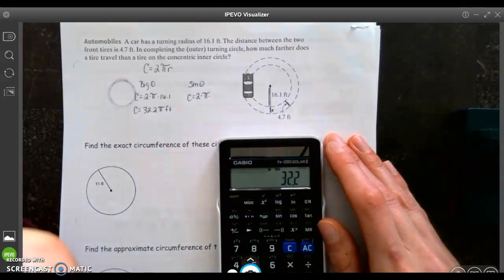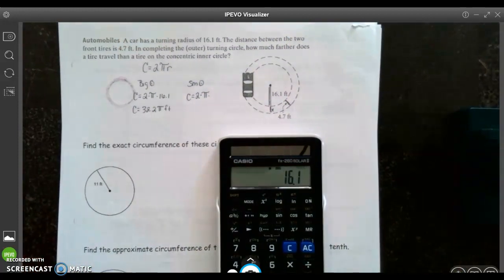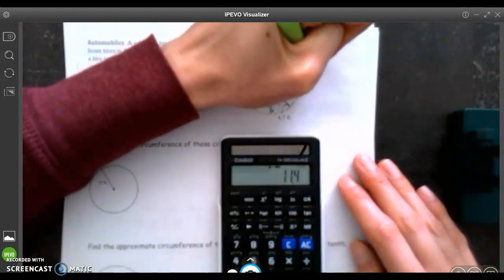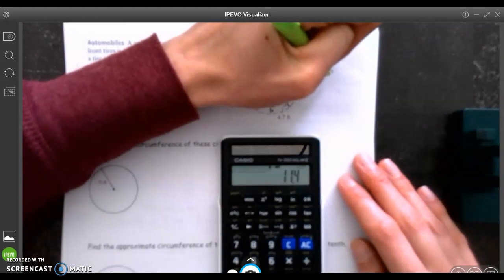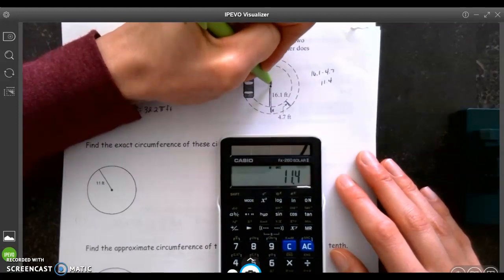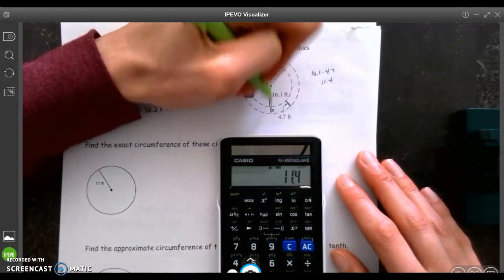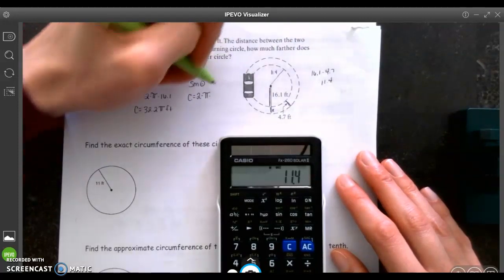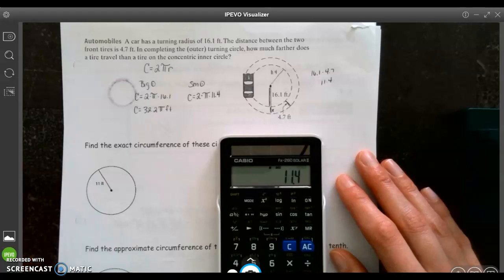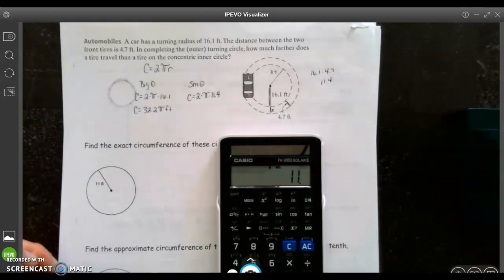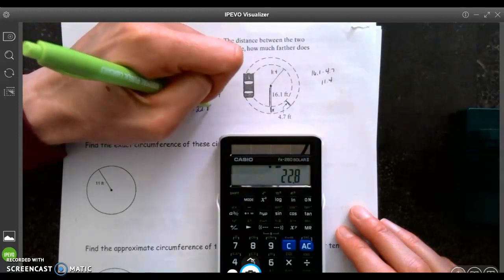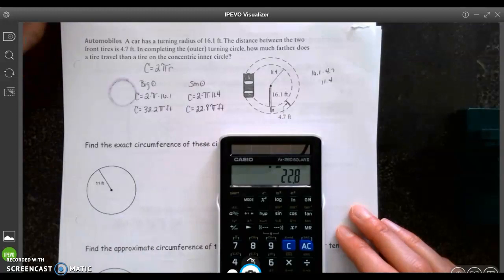So we're going to take 16.1 minus 4.7 to get 11.4. So that radius, I can draw it somewhere else so it's not part of all of those lines, is 11.4. So now I'm going to do 2 times 11.4, and my circumference is 22.8 pi feet.